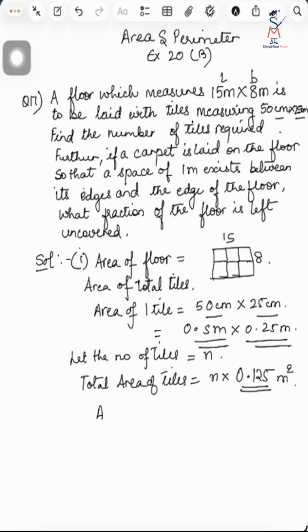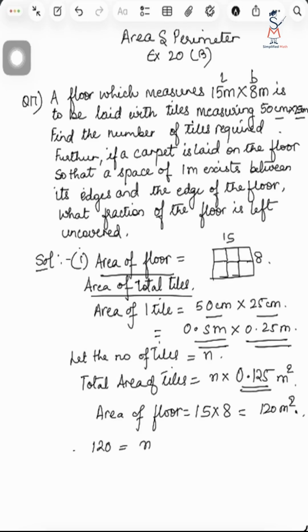What is area of floor? Area of floor is 15 into 8. Fine. 15 into 8 is 120 meters square. So this we have seen area of floor is equal to area of total tiles. So that means 120 is equal to n into 0.125.